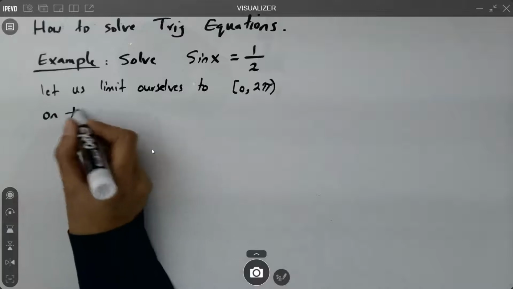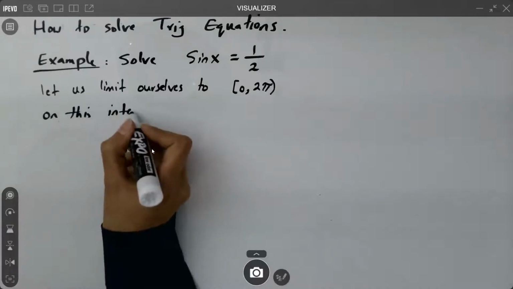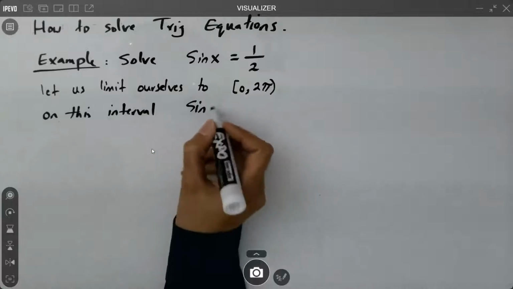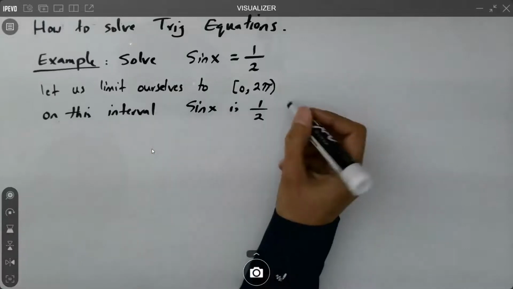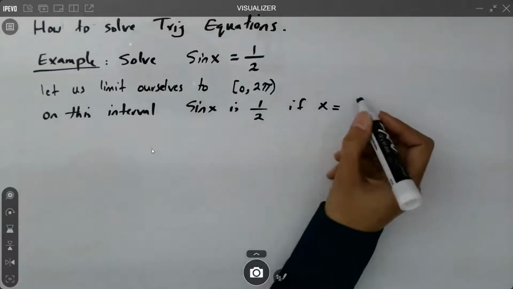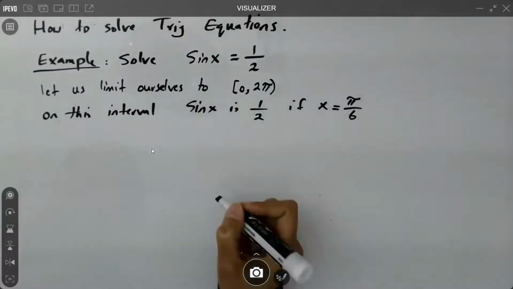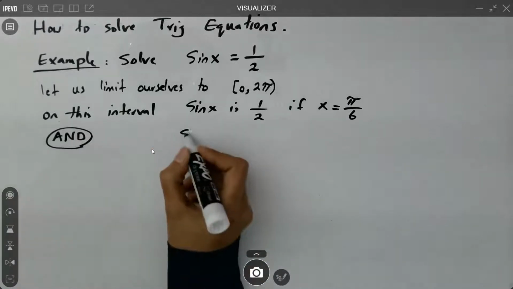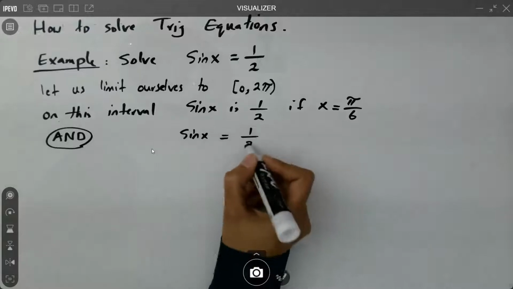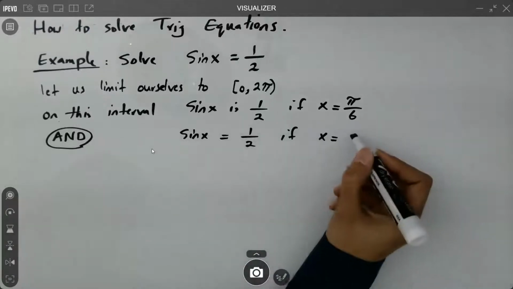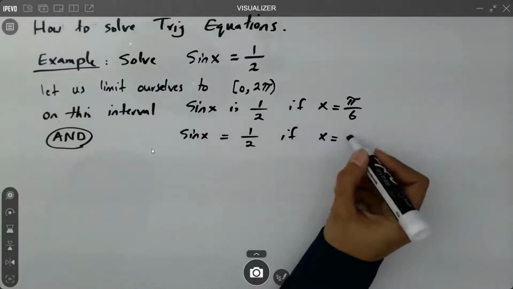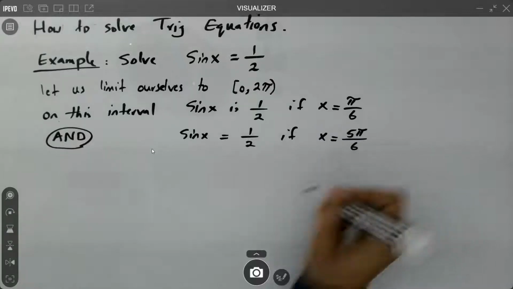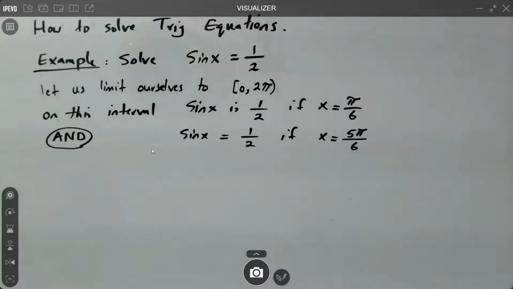On this interval, sine x is a half if x is equal to pi/6, and sine x is equal to a half if x is equal to 5 pi/6.